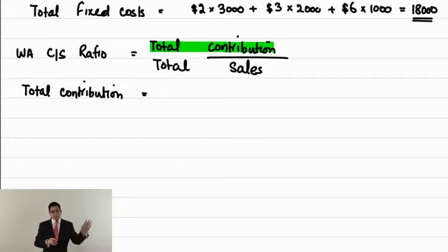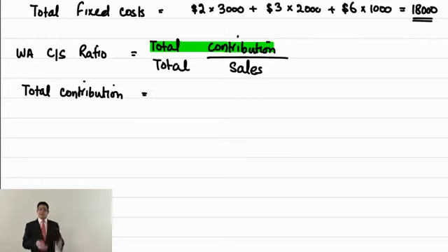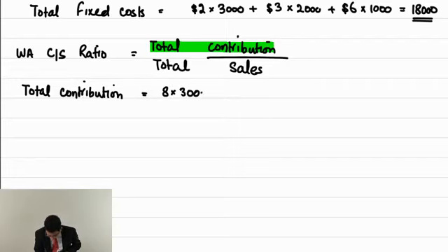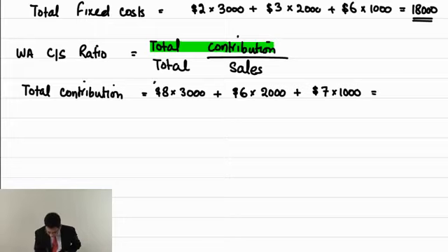I'm calculating and writing everything for you like you would be doing it in exams step by step. So 8 into 3,000 units plus 6 into 2,000 units plus 7 into 1,000 units.